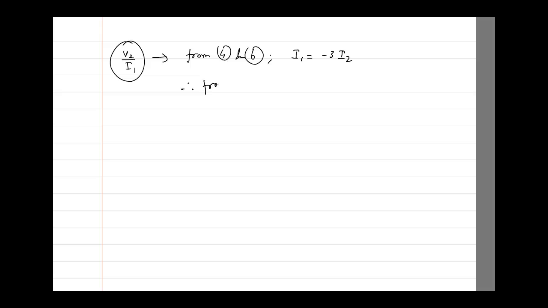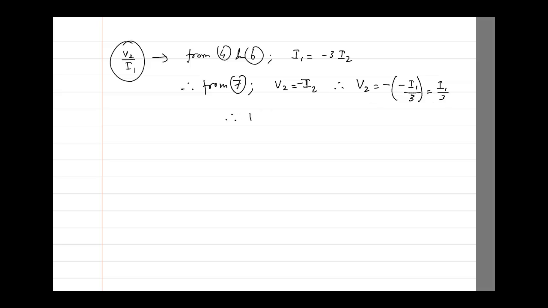Therefore, from 7, we had V2 is equal to minus I2. Therefore, if I substitute I2 from here, V2 is going to be minus I1 by 3. Correct? So minus I1 by 3, which comes out to be I1 by 3.